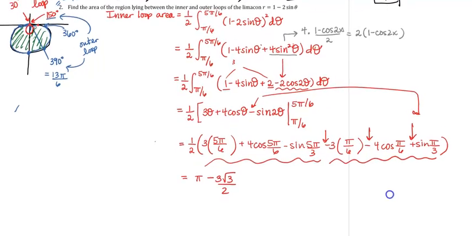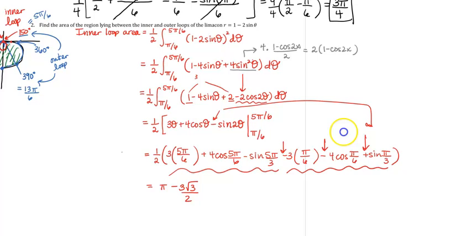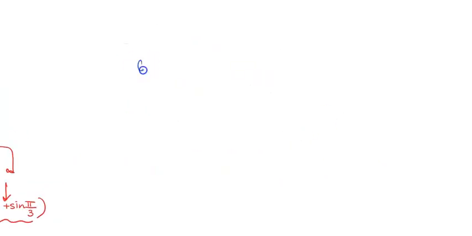Now we need to work and find the area of the outer loop. The outer loop area will be 1/2. These limits of integration were from 150 degrees, which is 5 pi over 6, to 390 degrees, which was 13 pi over 6.